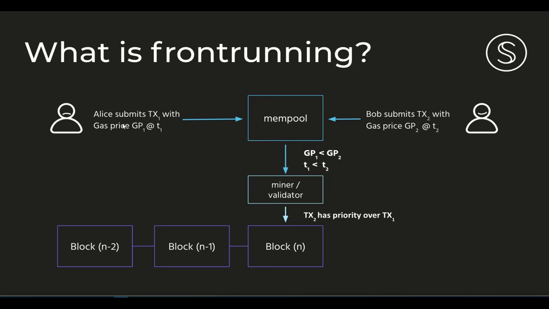So, front running. Let's say Alice goes to Uniswap and wants to buy some sort of token. So she submits her price and everything, gas price, to Uniswap. Bob here is the front-running bot.